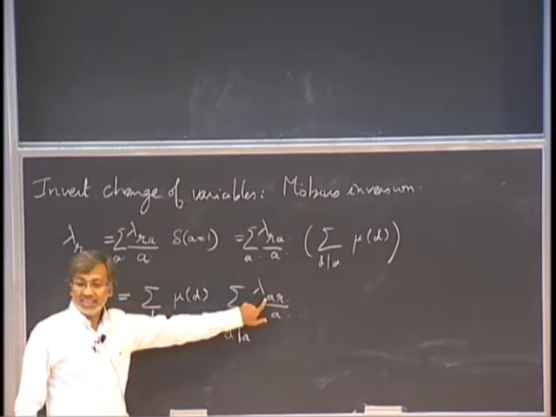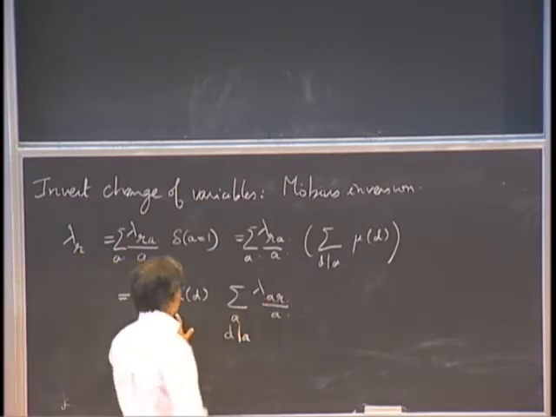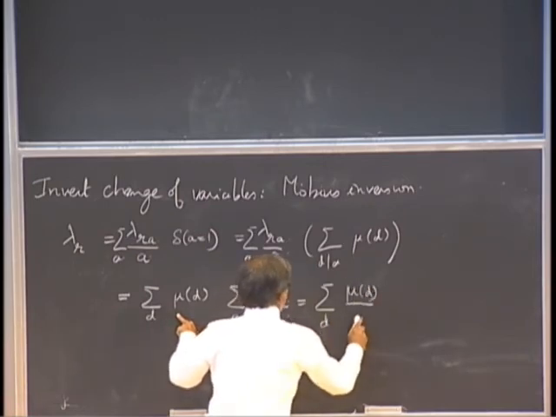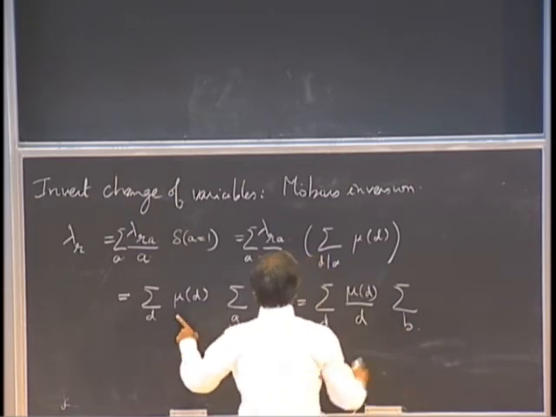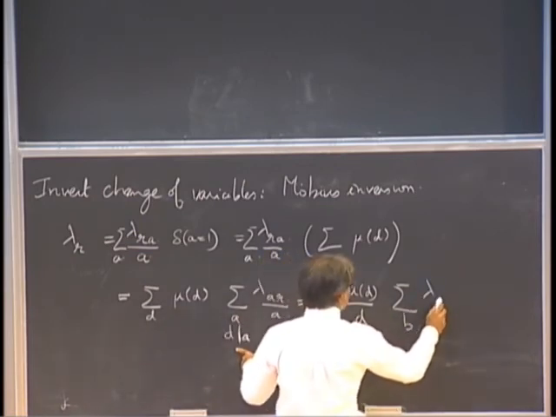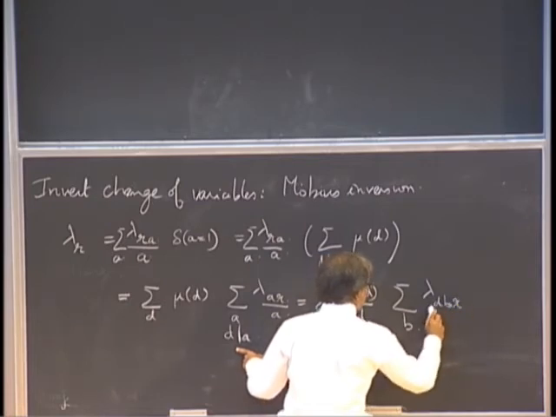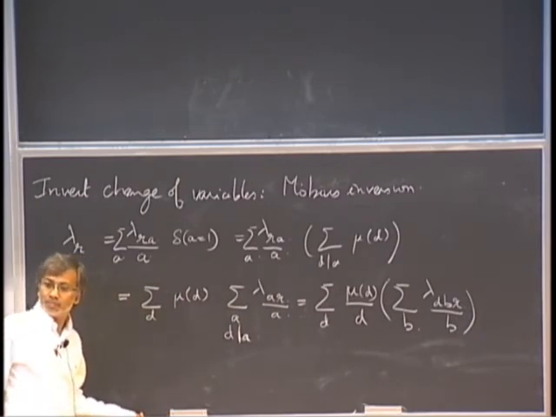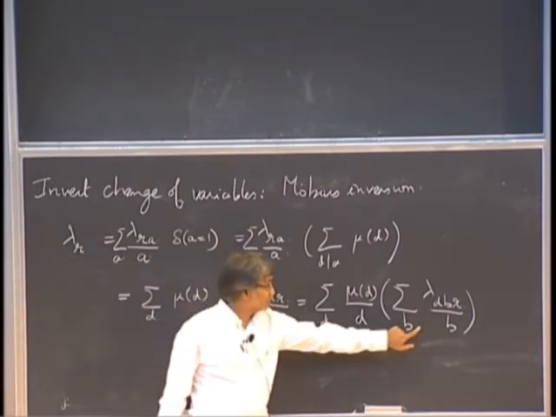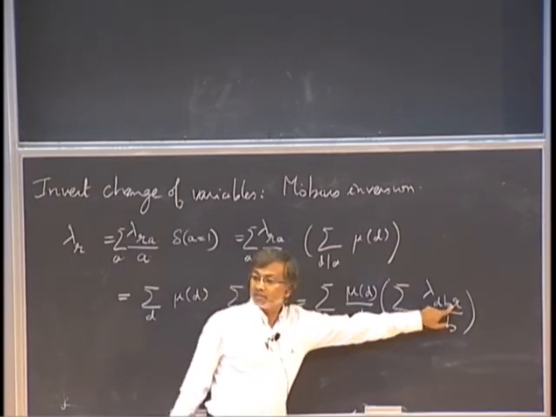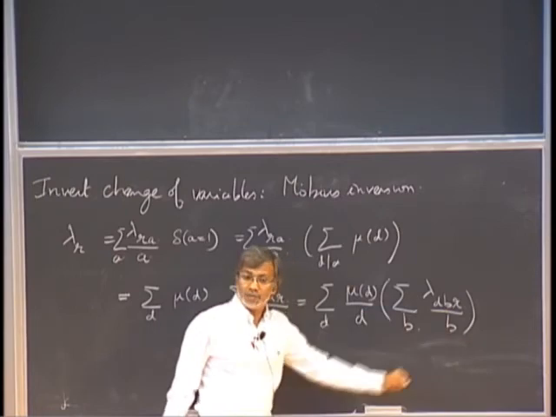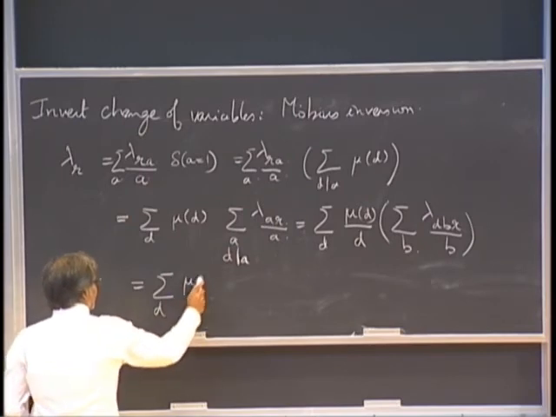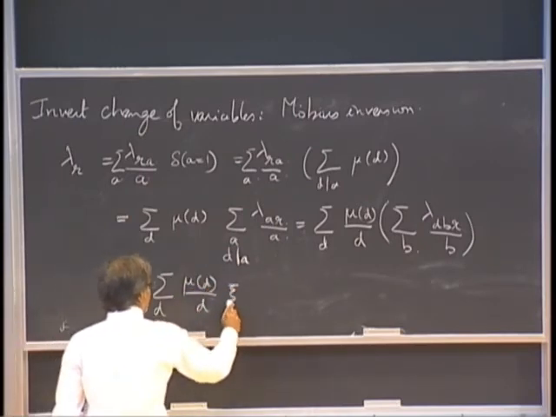So write A as D times B, and then take a D out, over B. And this is just my definition of Xi of dr. So that's a sum over D, mu D over D, Xi dr.